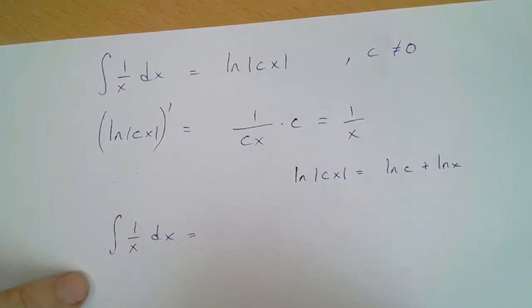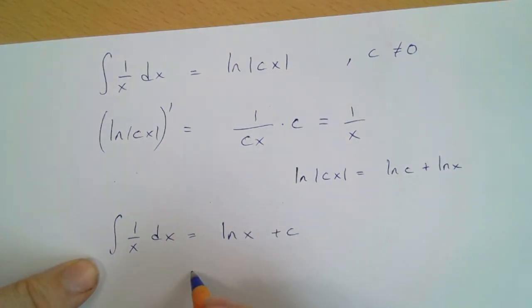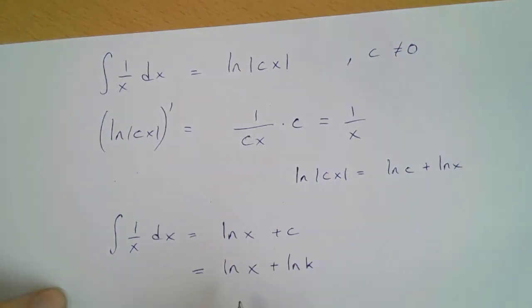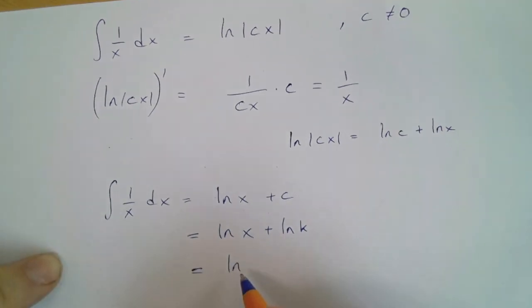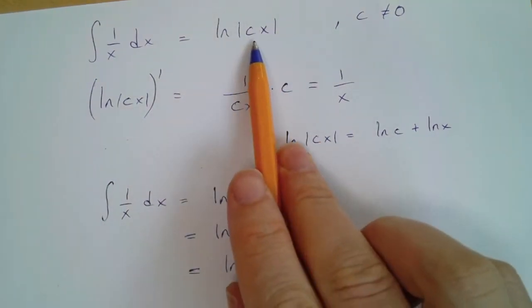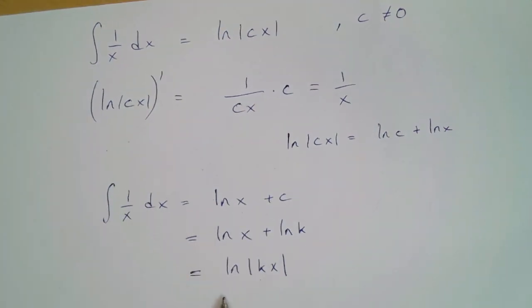We know that the integral of 1 over x is ln of x plus c. When you think about that, c is the ln of something, maybe k. And now I can group these two things together using the properties of logs. That's ln of kx. So I have a k here, it's a c originally, but that shows that the integral of 1 over x dx can always be written as ln of kx.